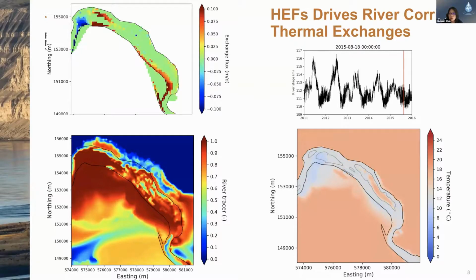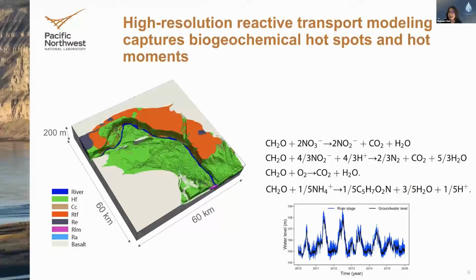And the next question is, how do we then simulate the biogeochemical processes in the system? The first thing we need is to know what reactions occur and how fast, so we need to put in a reaction network with the kinetics.